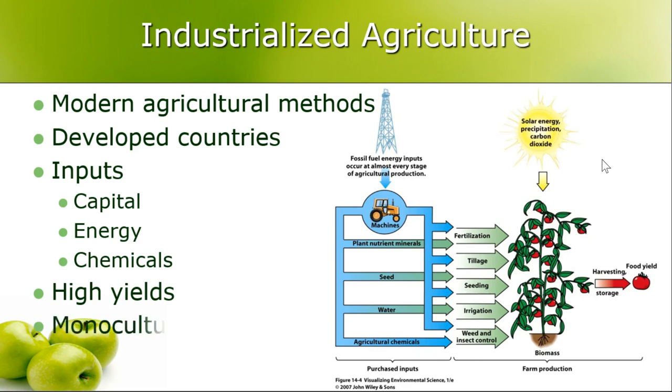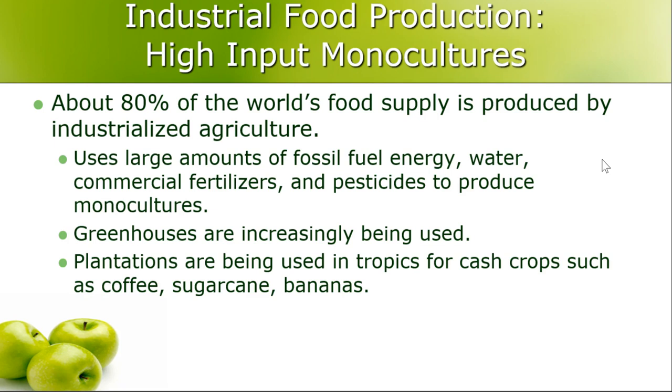One of the downsides is it's marked by monoculture. About 80% of the world's food supply is actually produced by industrial agriculture. And so that means that we're using lots and lots of water, chemicals, energy, right, all that stuff. Now, we also start to see different kinds of industrial food production. We're seeing greenhouses and we're seeing plantations for cash crops.